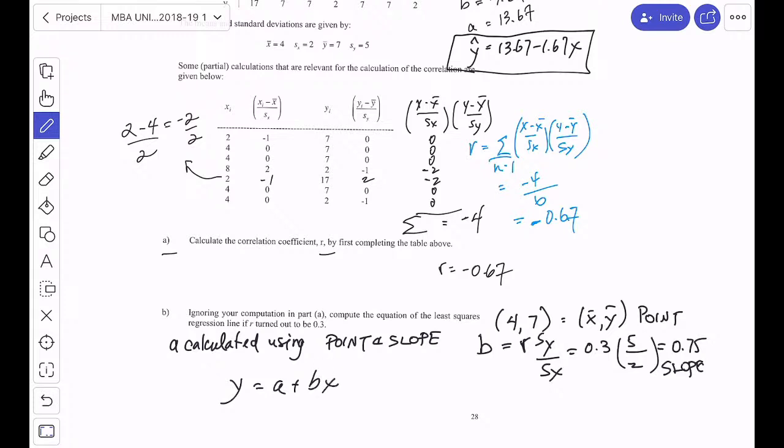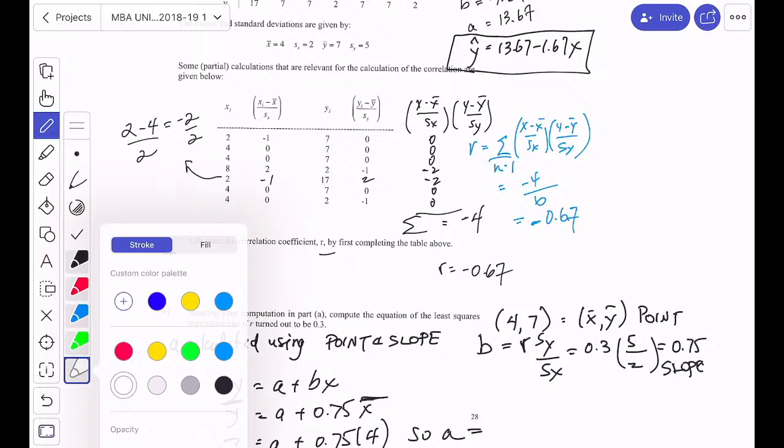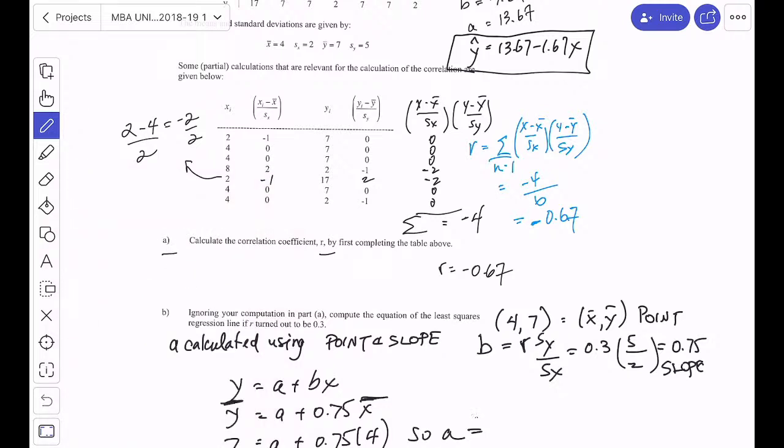We enter what we have. So we have that y bar equals a plus b, which is 0.75, times x bar. So we put the slope in and the point, and I'm just doing it in separate steps. You don't have to. 7 equals a plus 0.75 times 4. So a equals what? What did you get?